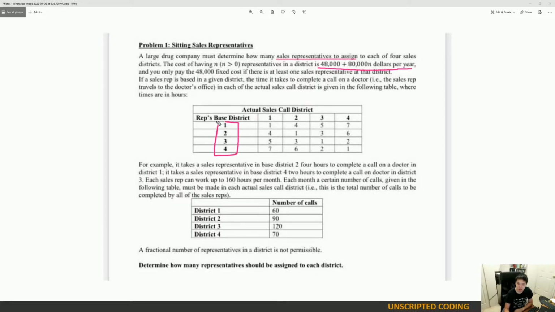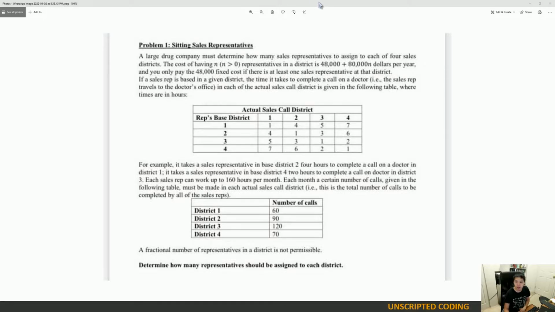You have to allocate them across a number of districts, and they all have their own constraints. Very classic optimization. How do you stretch your dollar, make sure that everything is satisfied without paying more than you have? If you think about it, you can have 1 million representatives in each district, and that would work. But of course, that would cost way too much money, and you want to solve this properly.